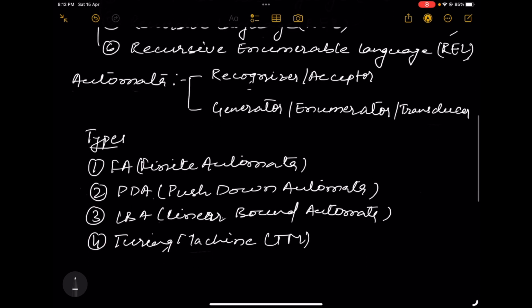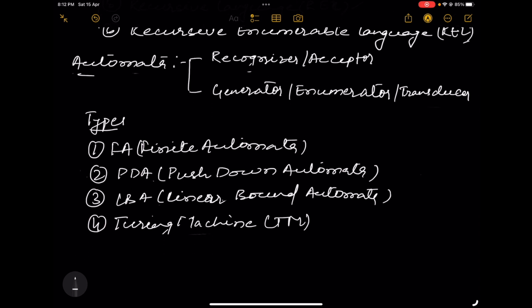Now the very next topic is the automata. An automata is just a machine that accepts, recognizes, or generates some output on the basis of what we have provided as input. It is a very similar concept to computer programming. Let's say you write a program and provide some input.